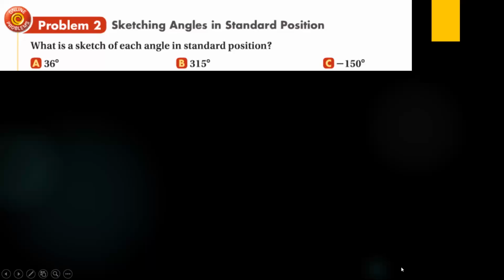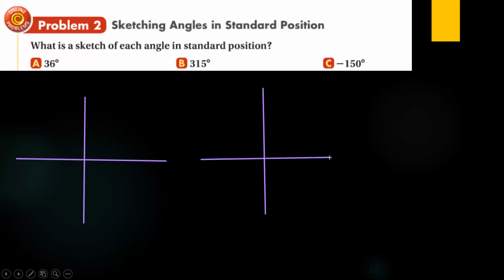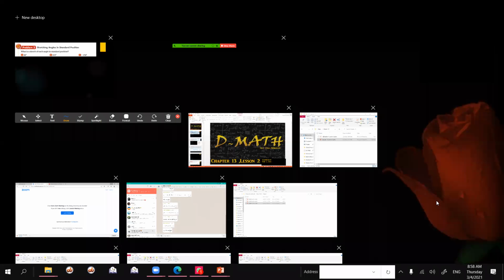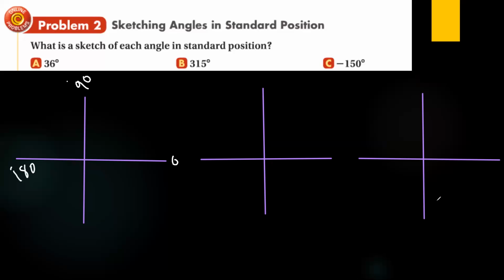Let's start now with A. Here we have 0, 90, 180, 270, and 360.